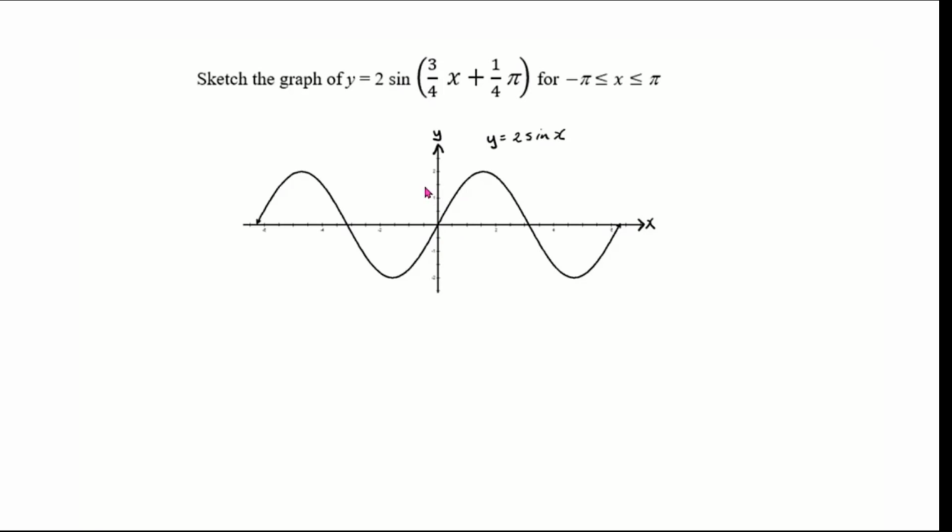Now we need to label the graph. First, the amplitude. Since the amplitude is 2, the maximum point is 2 and the minimum point is -2. Then from 0 up to here, this is 1 period.